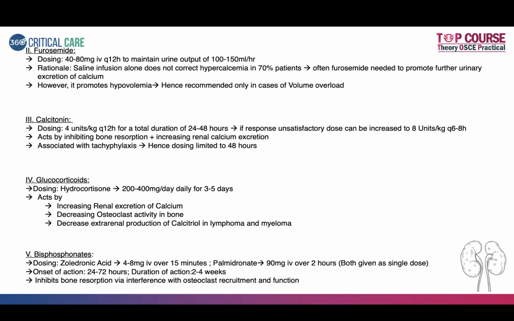You don't need to have any repeated dose. The onset of action comes within 1 to 3 days, and the duration is 2 to 4 weeks. Its main activity is in relation to the bone, where it inhibits bone resorption via interference with osteoclast recruitment and function.